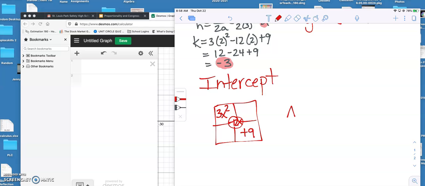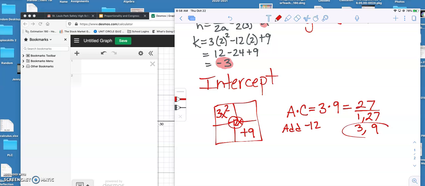On the outside is a times c, so 3 times 9 is 27. It multiplies to 27, with 1 and 27, 3 and 9, and we need it to add to negative 12. That's going to be both negative: negative 3x and negative 9x.